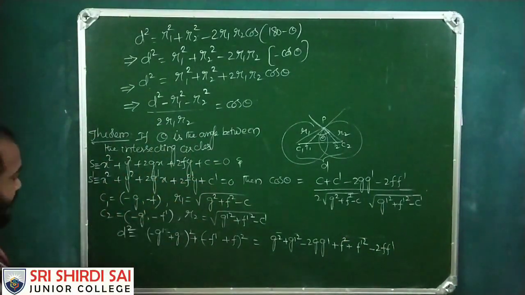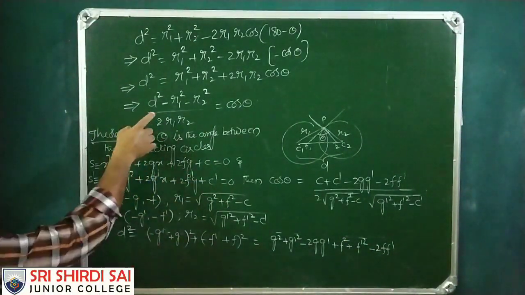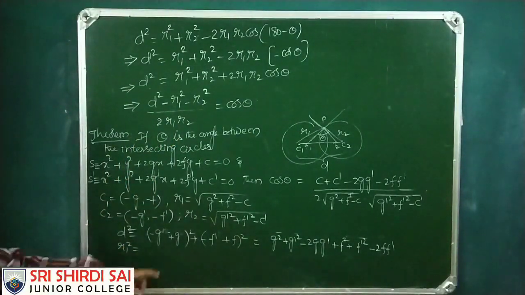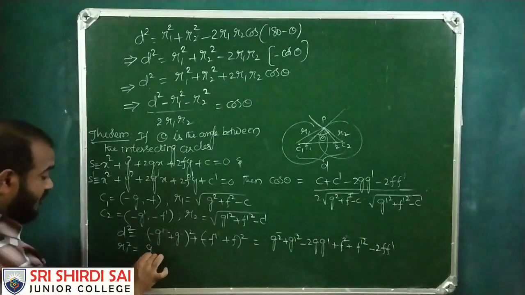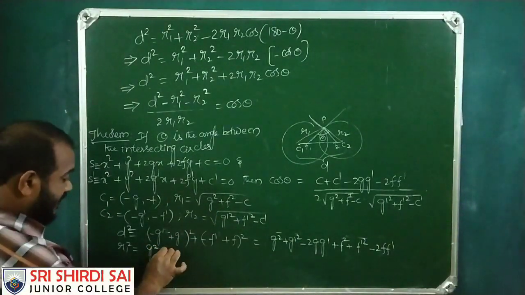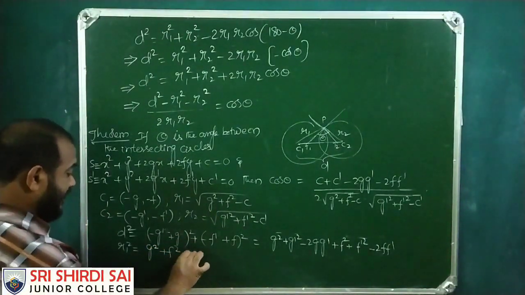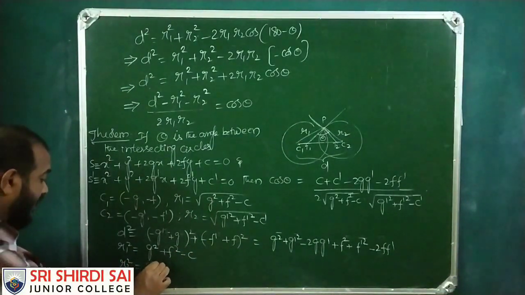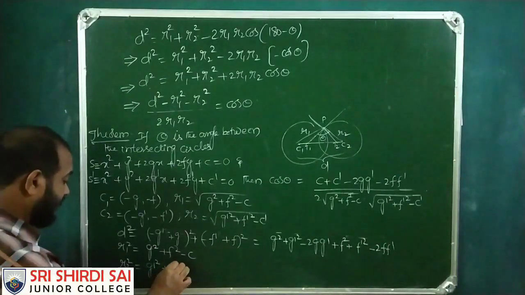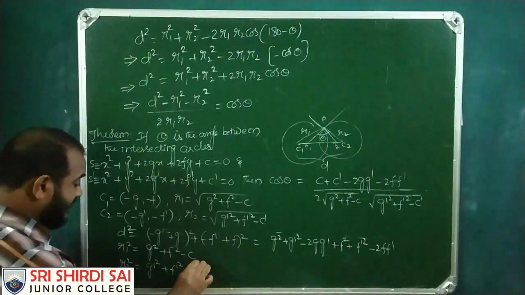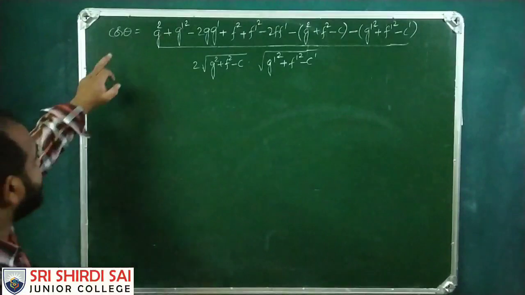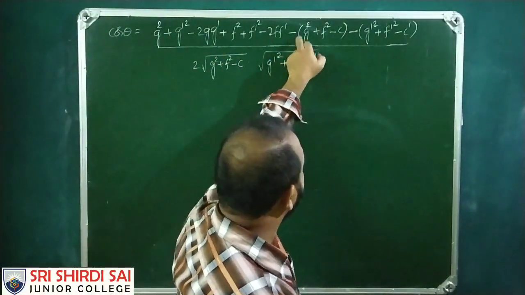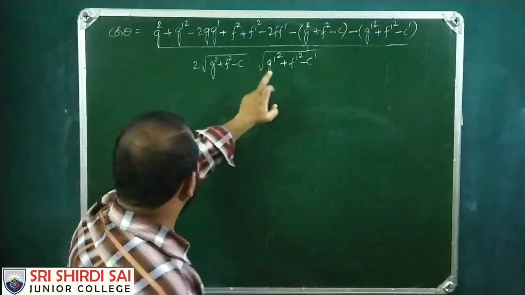R1 square is equal to g square plus f square minus c, since the square and root will be eliminated, and R2 square is g dash square plus f dash square minus c dash. So substituting in, cos theta is equal to D square minus R1 square minus R2 square by 2 R1 R2.